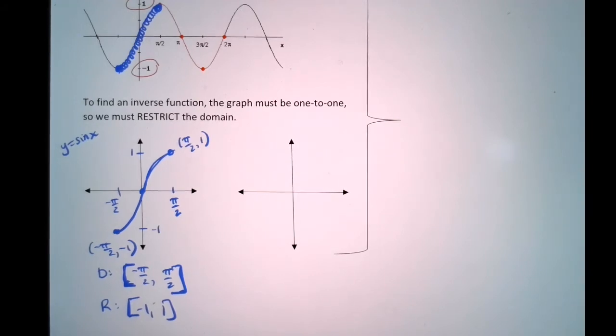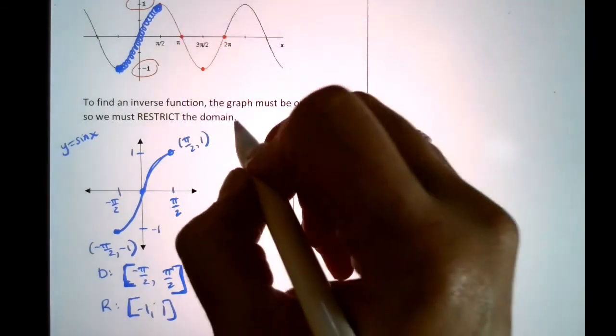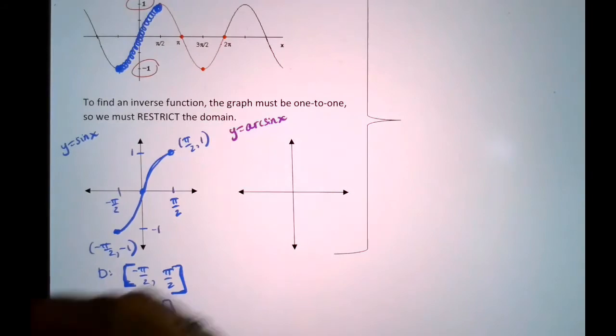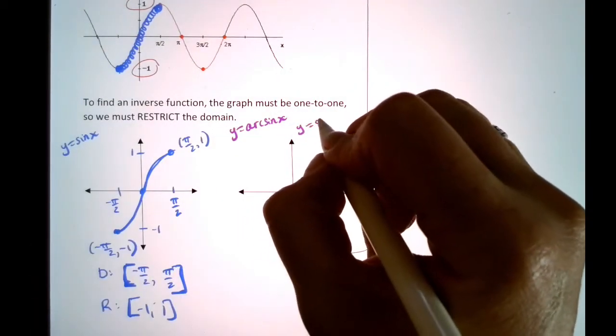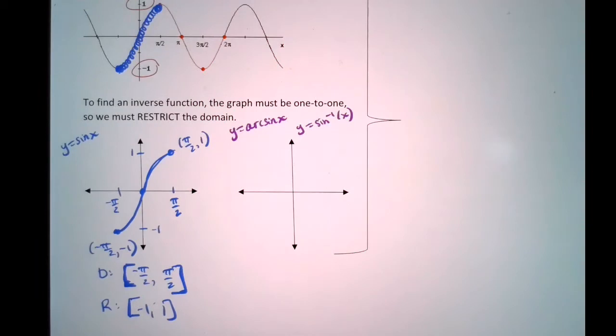Okay, so I am going to graph the arc sine function, which obviously is the same thing as sine to the negative 1. I generally use arc sine, but you'll see me use sine to the negative 1 from time to time. So I will graph this. Now, again, what's happening here is I'm going to reverse the x and the y axes.